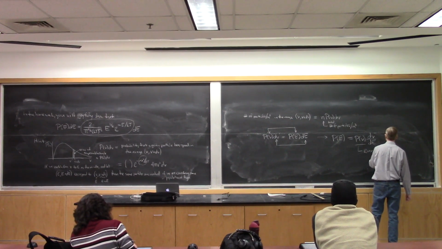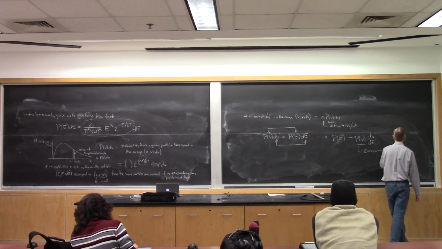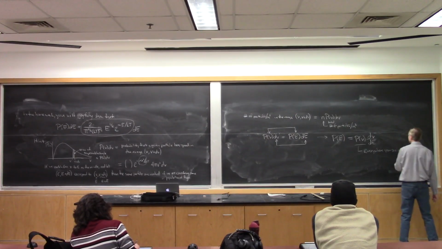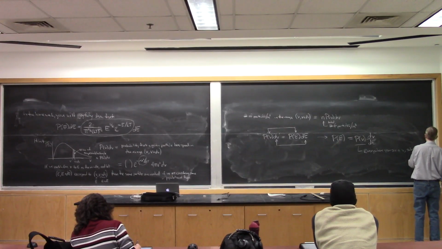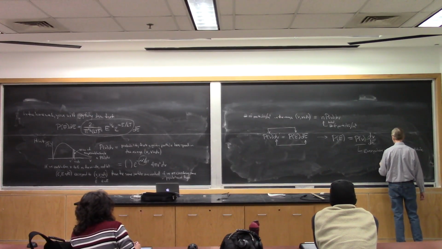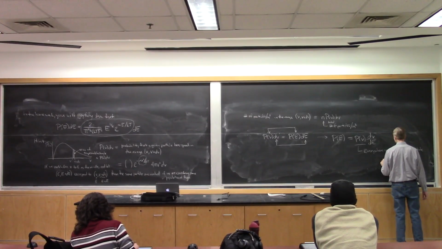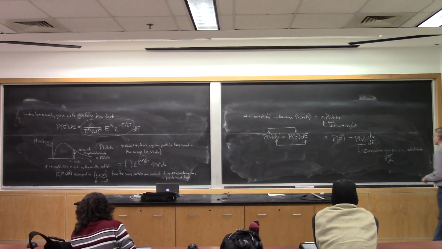And that says, everywhere you see a V, substitute. What is V? V is the square root of 2E over mu sub m, or you could just call it m if you wanted to. But we'll call it mu sub m because we're supposed to be in the center of mass frame here.